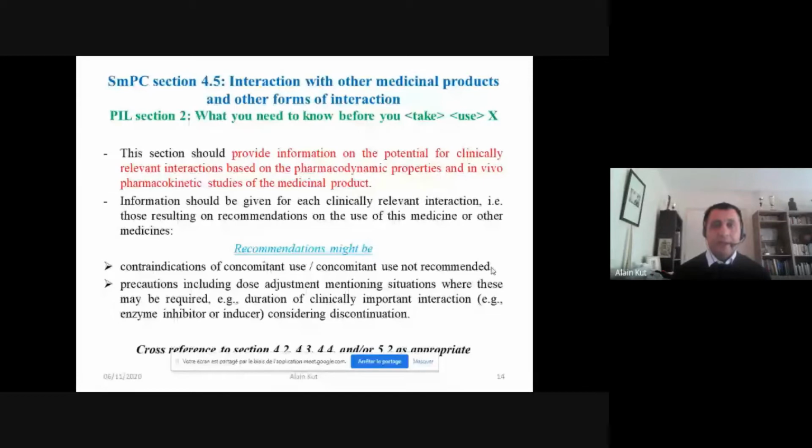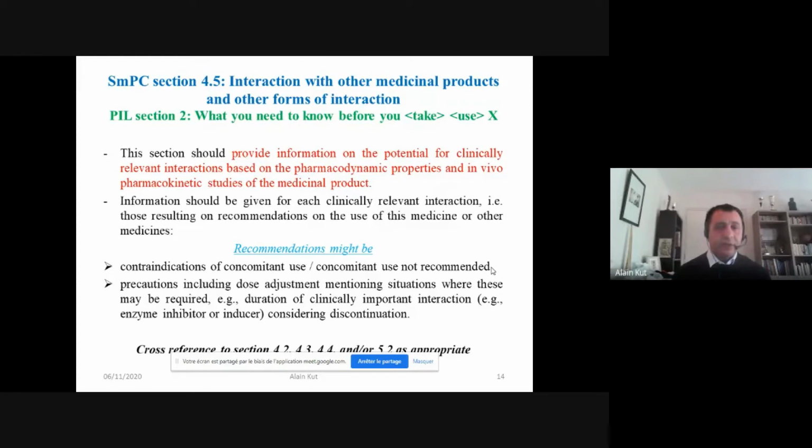And that can lead to recommendations such as contraindication of concomitant use or concomitant use not recommended, depending on the clinical situation.